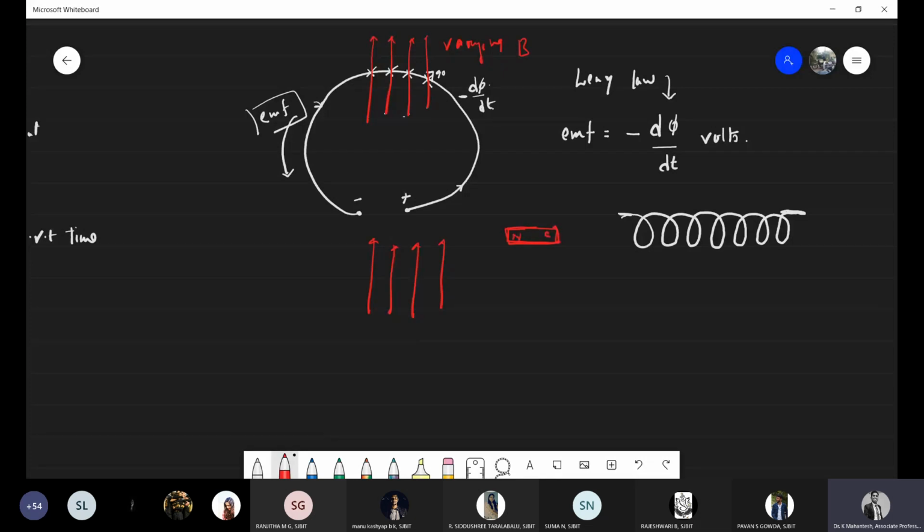I have a permanent magnet, and this will have flux lines like this, with the direction going from north to south. Now I try to move this field inside and out of this conductor.